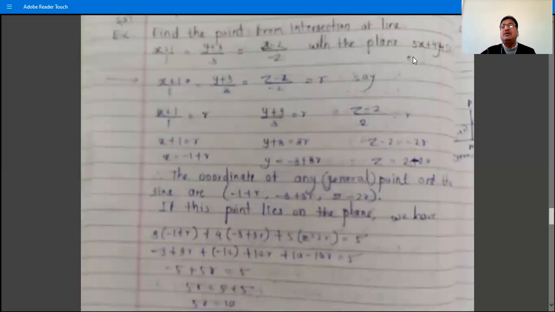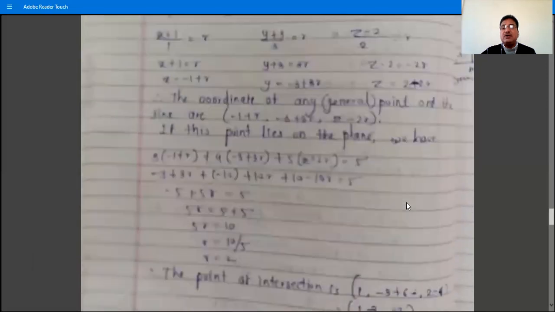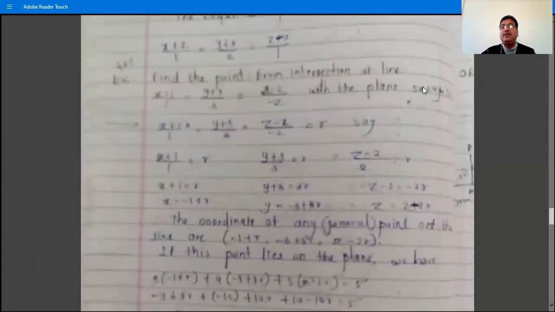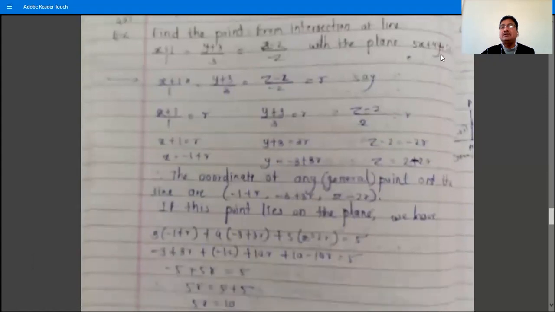Now we have to find a point that is on the line as well as on the plane, because we have to find the point of intersection of the line with the plane. So suppose this point on the line lies on the plane, then this point satisfies the equation of the plane. The equation of the plane is 3x plus 4y plus 5z is equal to 5.